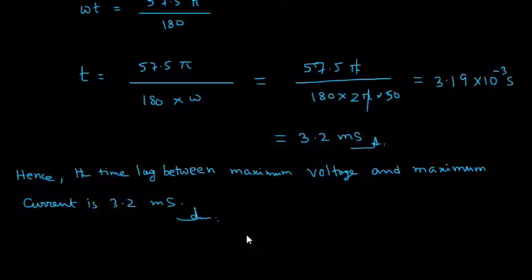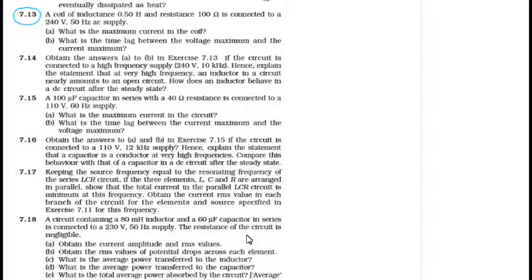Now let us see the next sum. So next sum is 7.14. The problem statement is: obtain the answer A to B in exercise 7.13 if the circuit is connected to high frequency supply, 240 volt and 10 kilohertz.